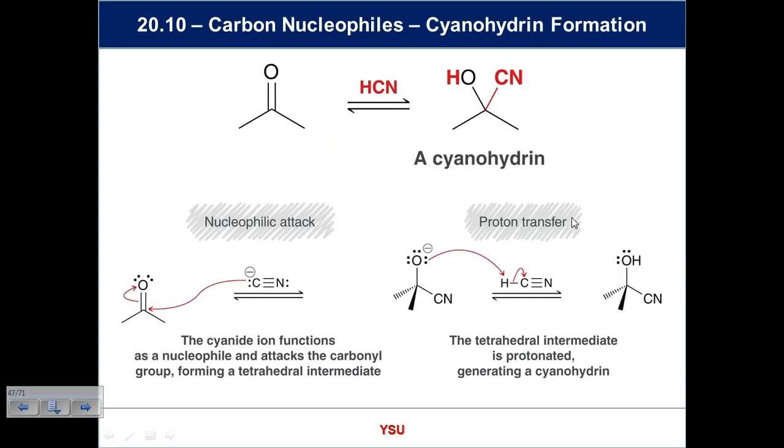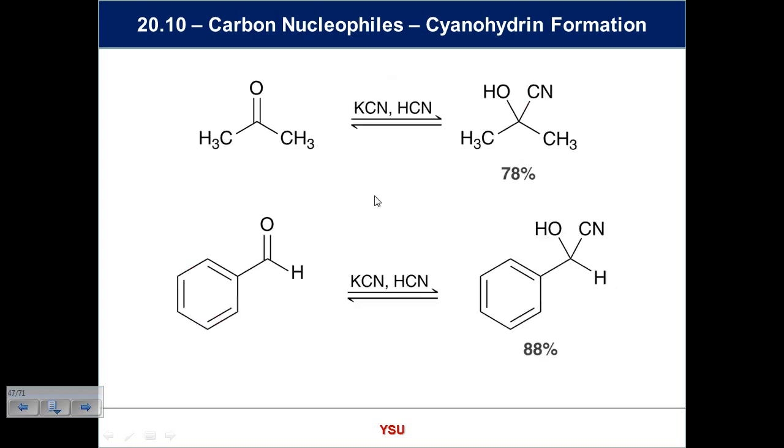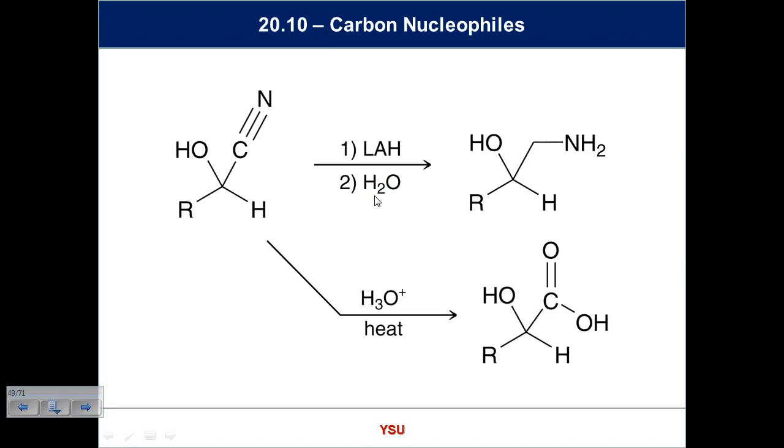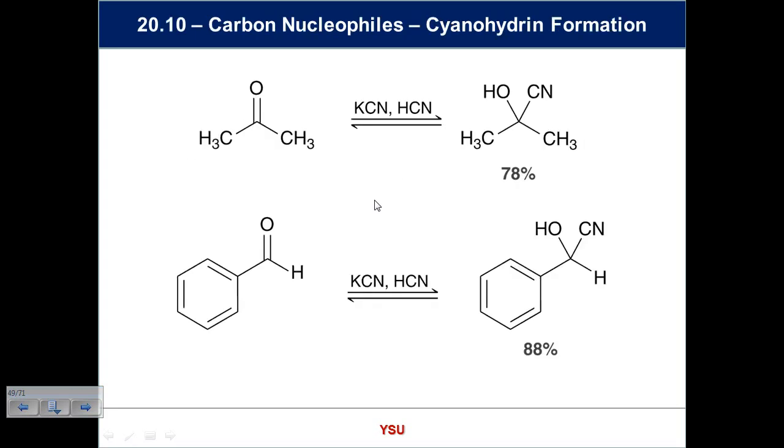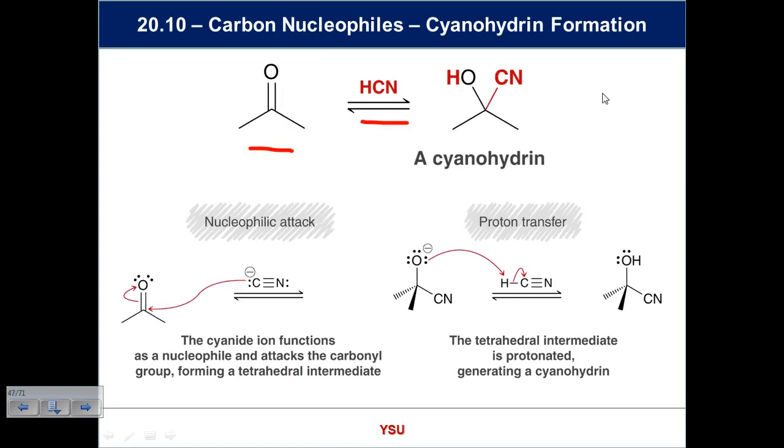Now, this is a reaction that people are still not quite happy with. There are people out there on the internet still arguing about this stuff on blogs. People just don't like this reaction. It's the reaction between cyanide and a ketone. It actually has some use. You can take these types of systems and later on, maybe we'll do it later on, you can actually use this to make amino acids.